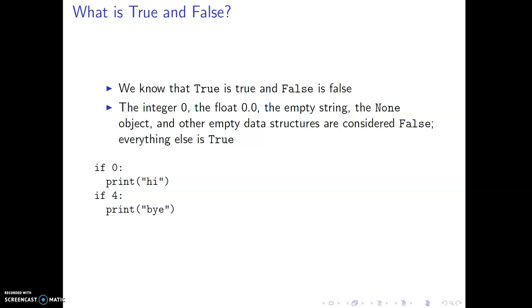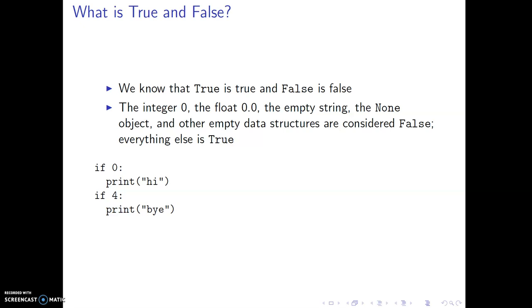However, the integer 0, the floating number 0.0 or 0.00, an empty string, the None object in Python, and other kinds of empty data structures, more or less, are considered false as well.